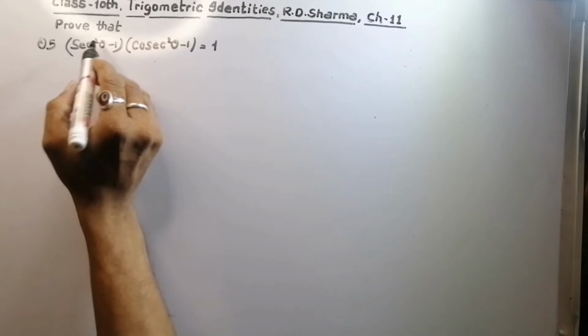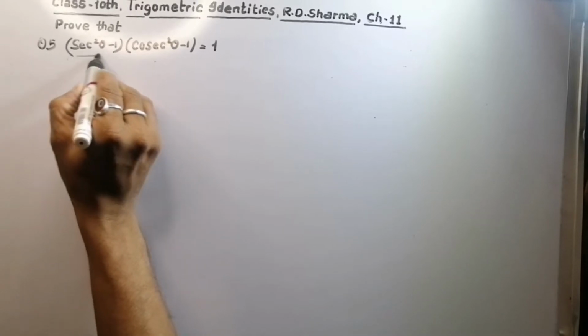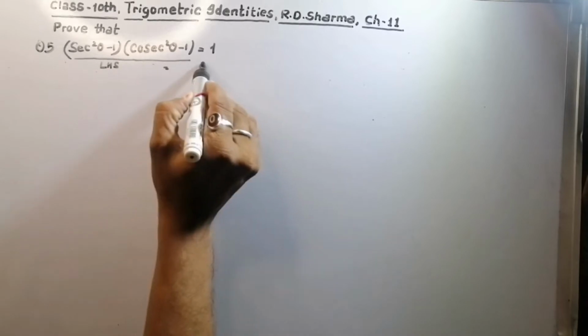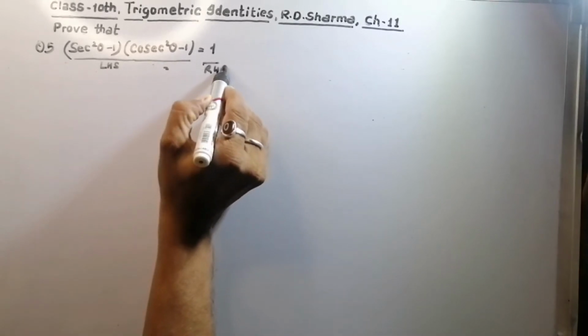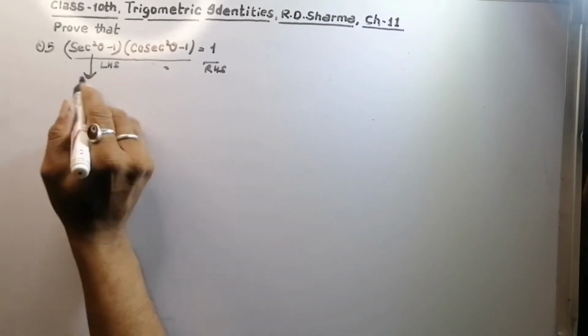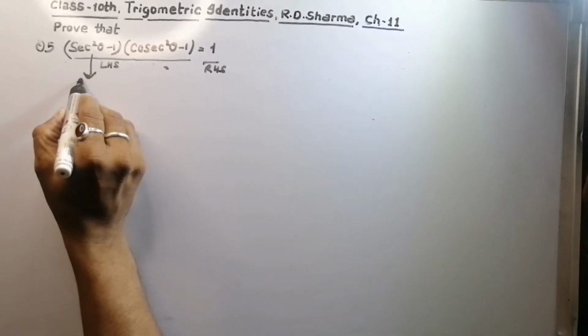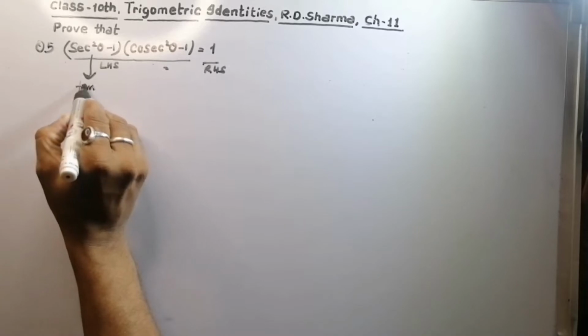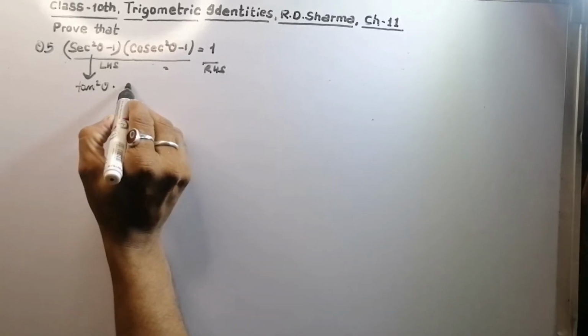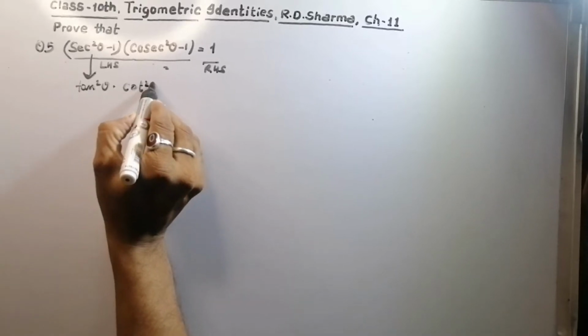Sec square theta minus 1 into cos square theta minus 1 is equal to 1. Sec square theta minus 1 we can write as tan square theta, and in place of cosec square theta minus 1 we can write cot square theta.